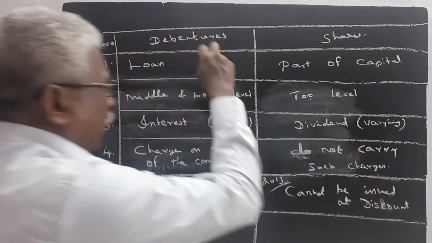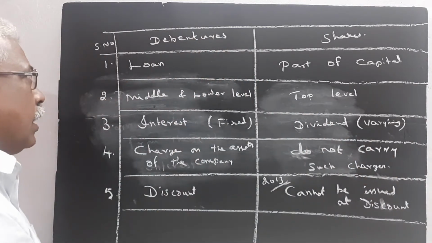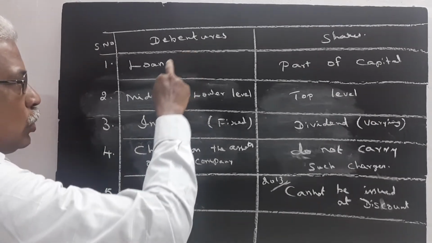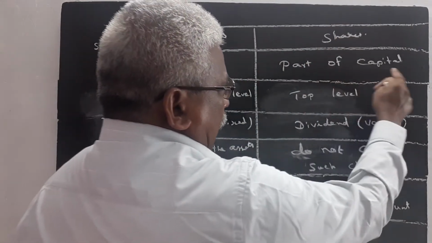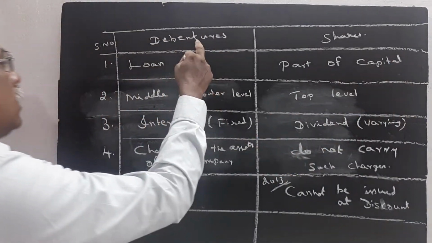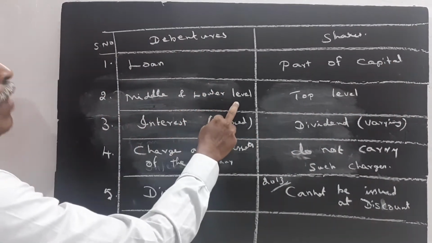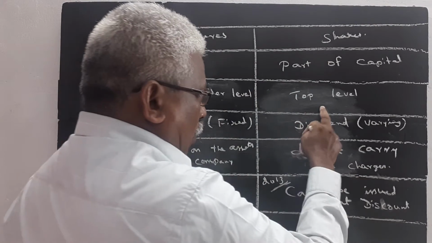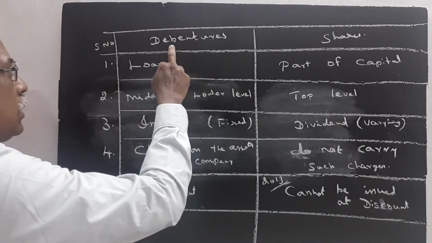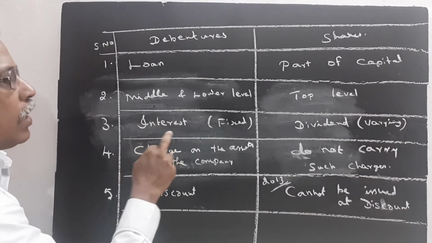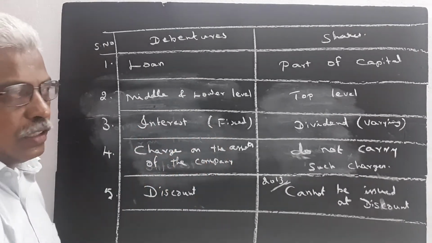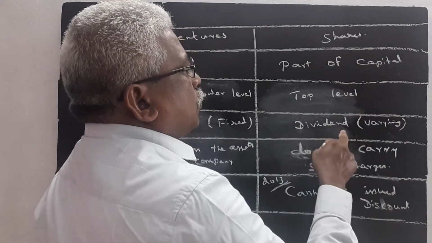Once again, I explain the same 5 points. Debenture constitutes a loan of a company. Share is the part of share capital of a company. Debentures are in the middle and lower level. Shares are in the top level. Debenture holders are entitled to get the fixed rate of interest. The shareholders are eligible to get the dividend.